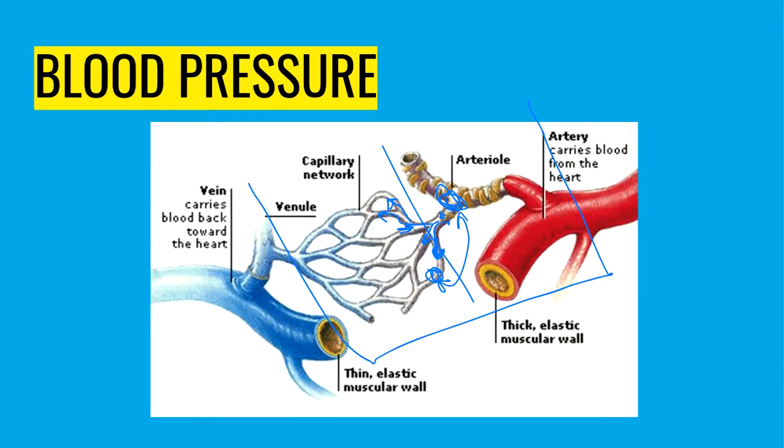No. So what are we going to do here? Add the total cross-sectional area. Yes, we want to take the cross-sectional area of all of the capillaries and add it up. So let's say the total cross-sectional area here is higher than the cross-sectional area of this arteriole. Where would it move faster? In the arteriole. Yeah, it would move faster here.